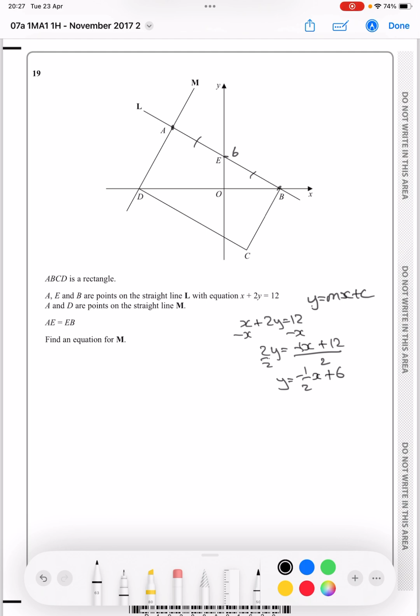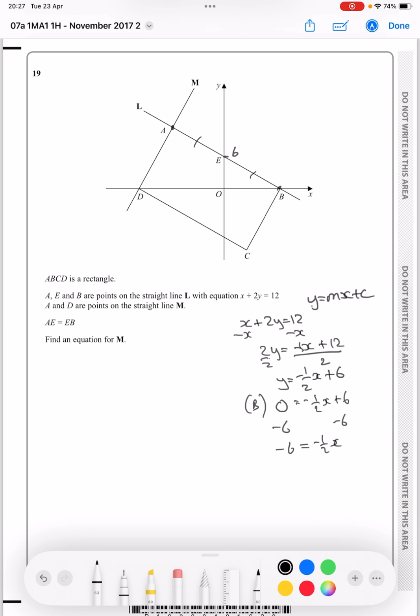So for B, 0 equals minus a half x plus 6. And now I want to find the value of x. So if I take away 6 from both sides, I get minus 6 equals minus a half x.